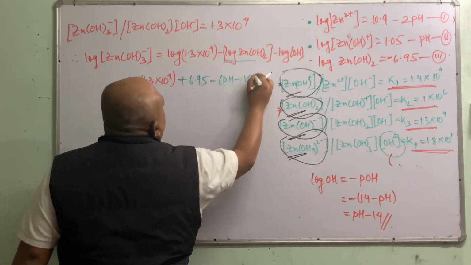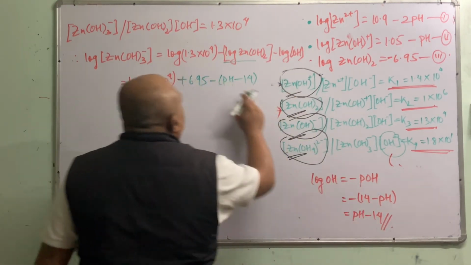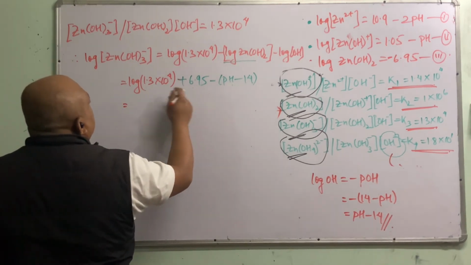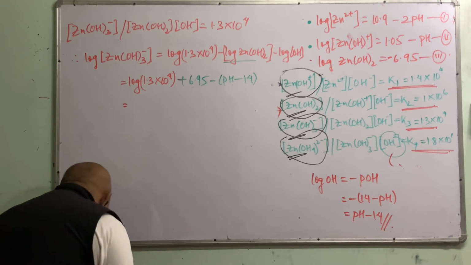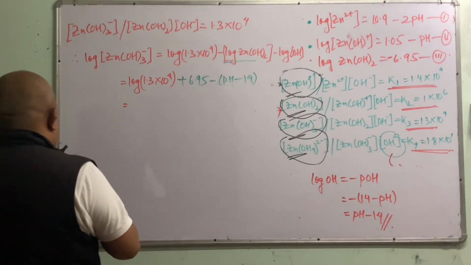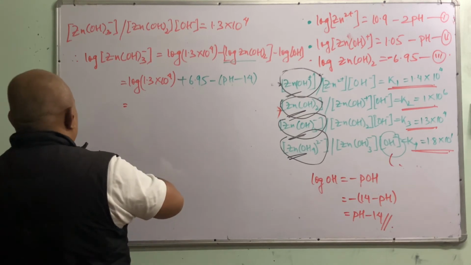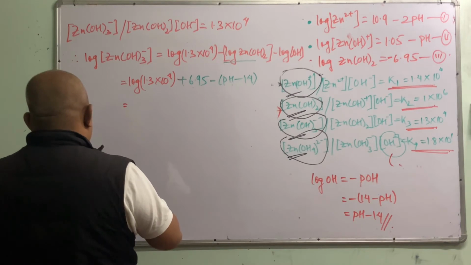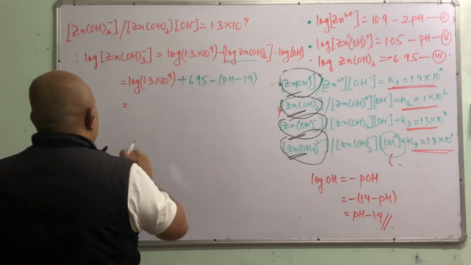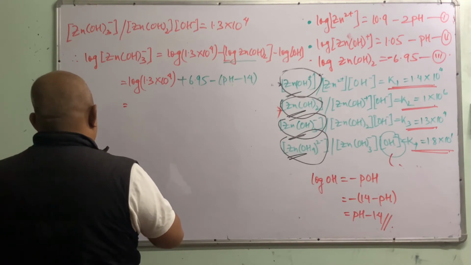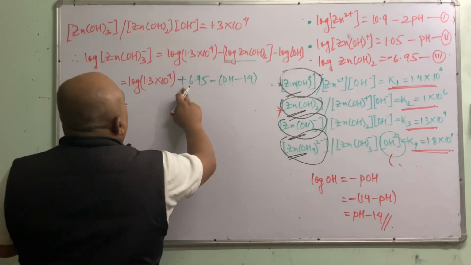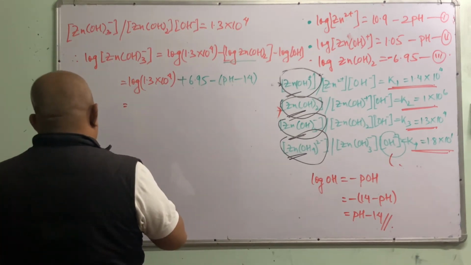Log OH is pH minus 14. Okay, and this minus and minus will be plus, right?